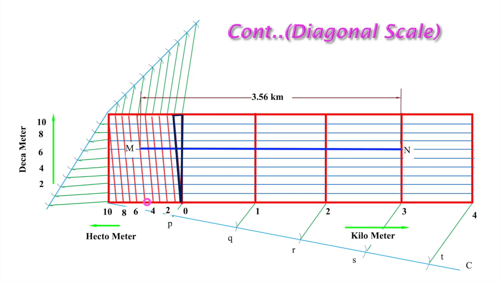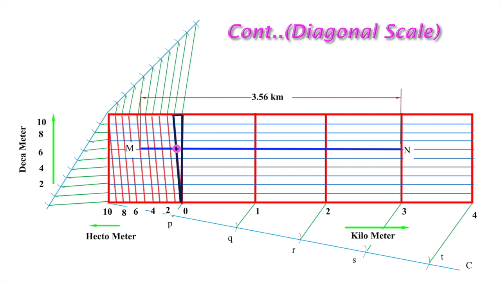Here from these to these is 0.5 kilometer, whereas from this point to this point it is 0.56 kilometer. As this small distance is 0.06 kilometer, and from here it is all equal, meaning 0.1, 0.2, 0.3, 0.4, 0.5.